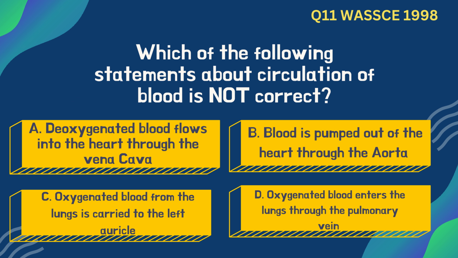C. Oxygenated blood from the lungs is carried to the left auricle, and the ventricle contracts to pump blood into the aorta. D. The oxygenated blood enters the lungs through the pulmonary vein. Look at the options critically and select your answer.